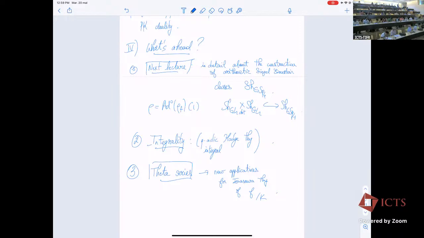Hi, Marco. Oh, hello, Ashay. Hi. Just a vague question. In the dual picture, some of the relation to explicit reciprocity law becomes a little more direct. Is there some philosophical reason? So you mean more difficult? Maybe a little more direct.